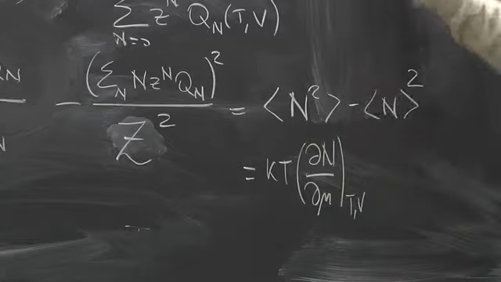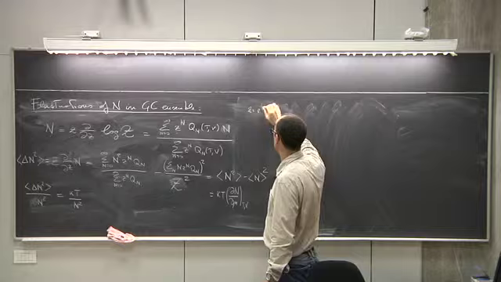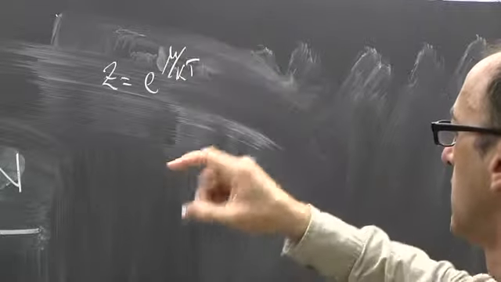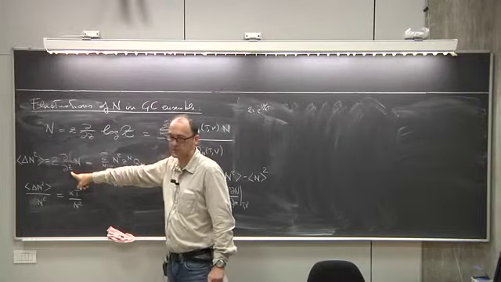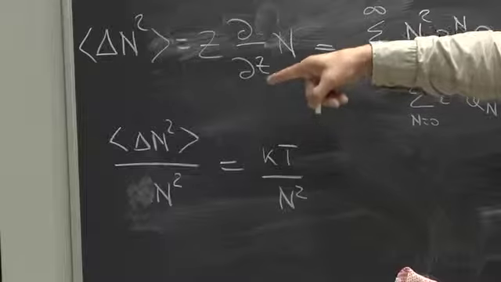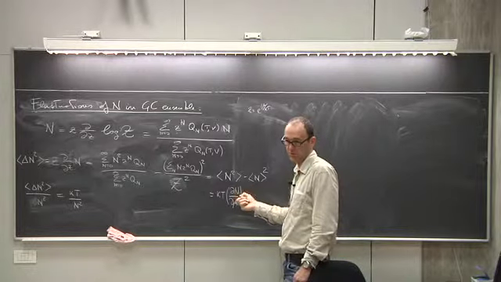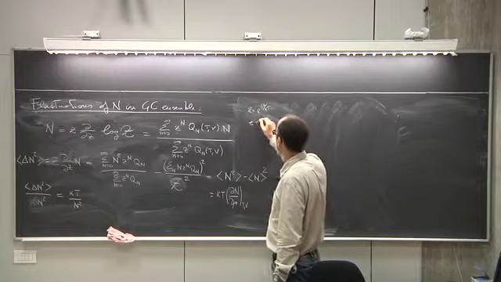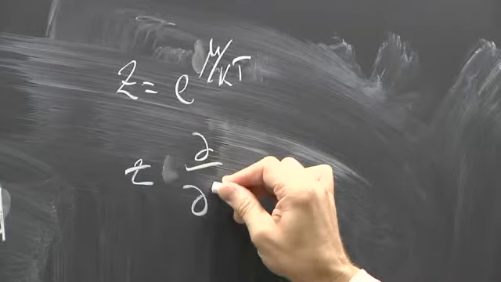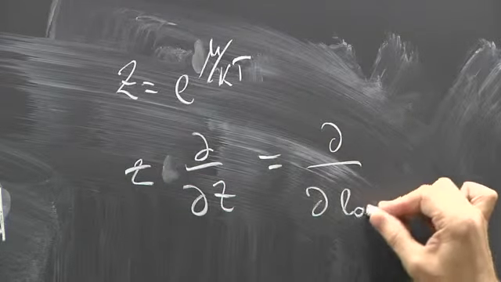Because I remind you that z is e to the mu divided by kT, and essentially this z times derivative with respect to z is like a derivative with respect to log of z, which is 1 over beta times the derivative with respect to mu. Okay, so this implies that z derivative with respect to z is essentially the derivative with respect to log of z.